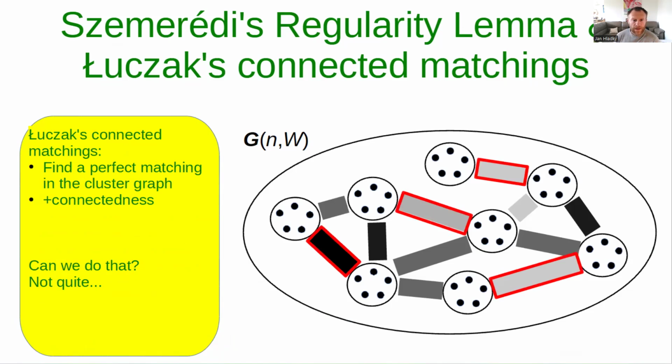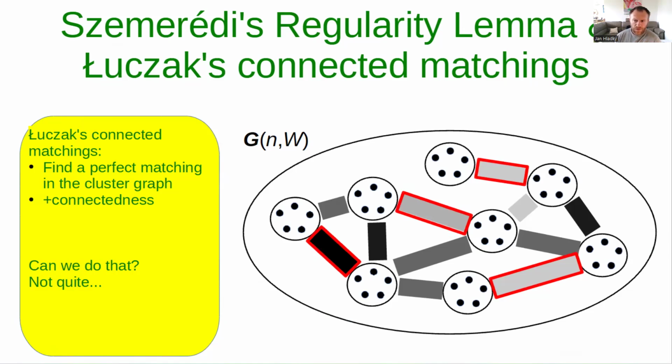Okay, so now we can explain Wuchak's connected method argument. The strategy is to find a perfect matching in the reduced cluster graph. If we can find such a perfect matching, and if we can connect the edges of this matching together, we can lift this structure back to find an almost spanning cycle in the original graph.